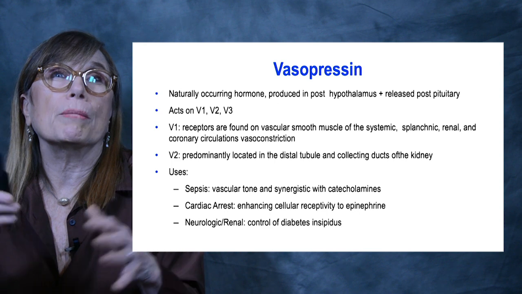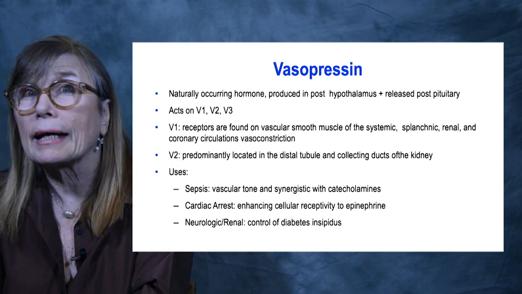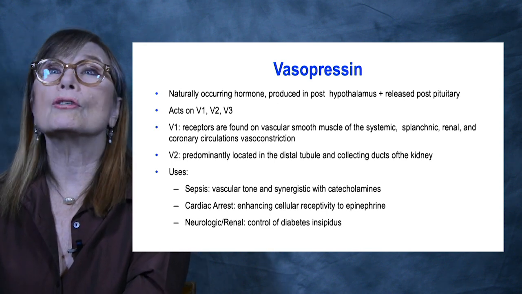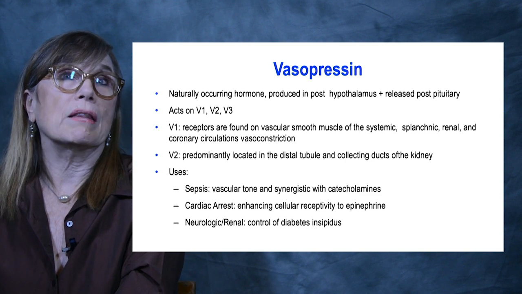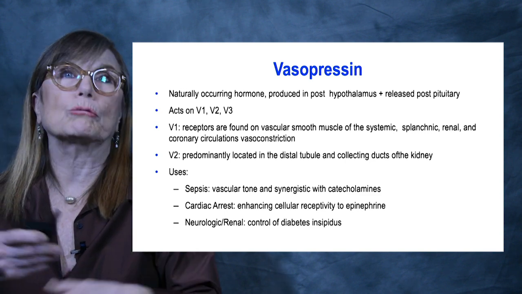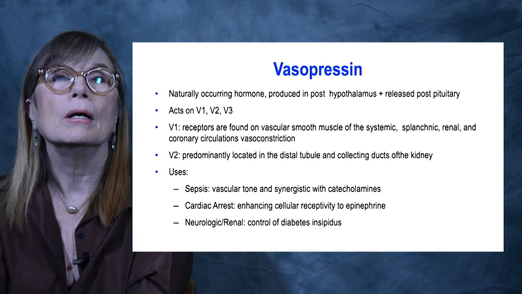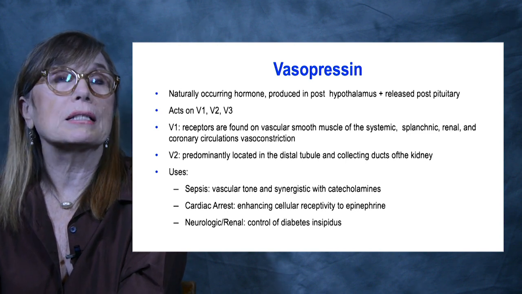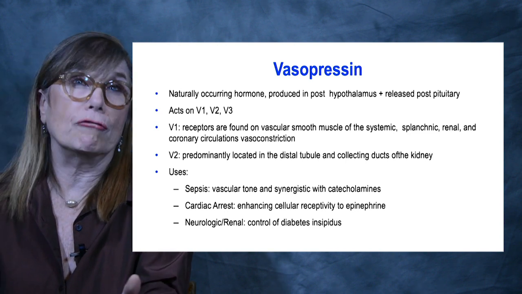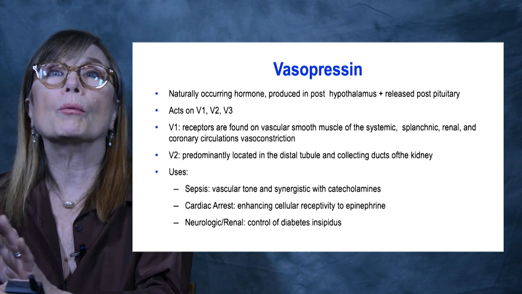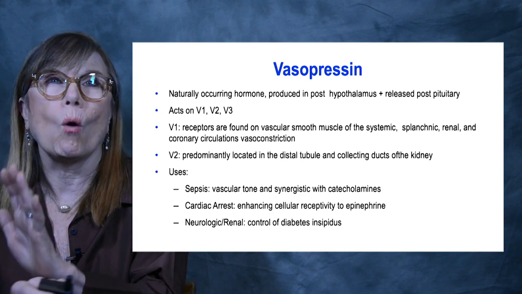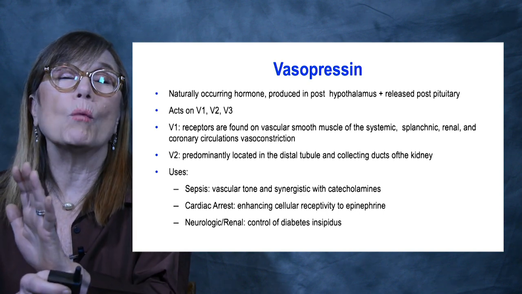Vasopressin, which is very beautiful. Remember, vasopressin is not a catecholamine. Vasopressin is a hormone. It's produced in the hypothalamus and it's released from the pituitary gland. It acts on special receptors, and there are actually four major categories. We're really only going to talk about one, and that is the V1 receptor.